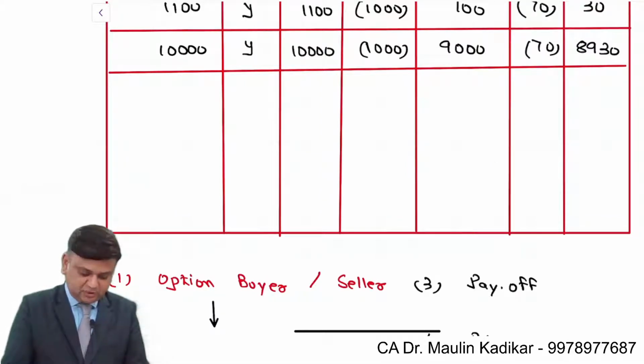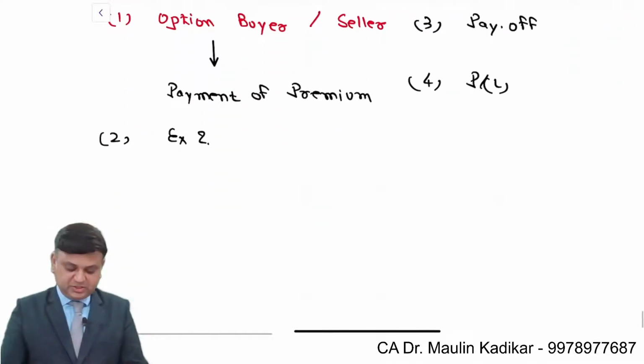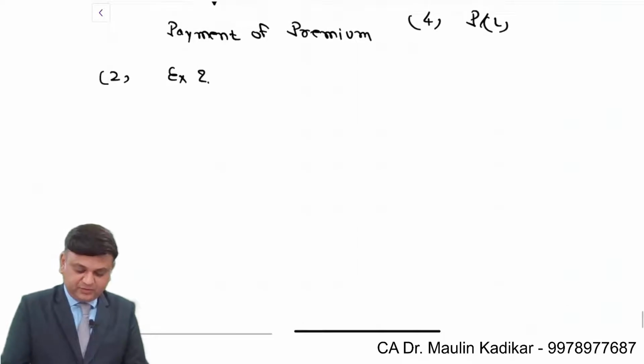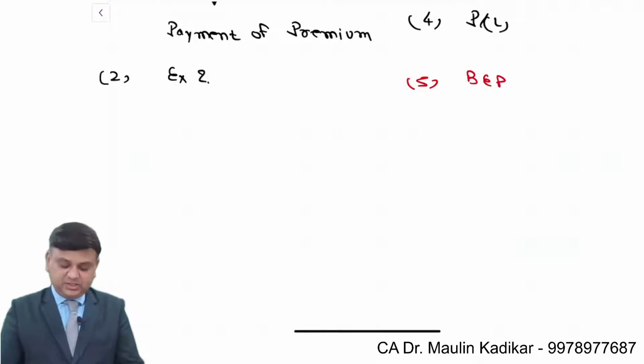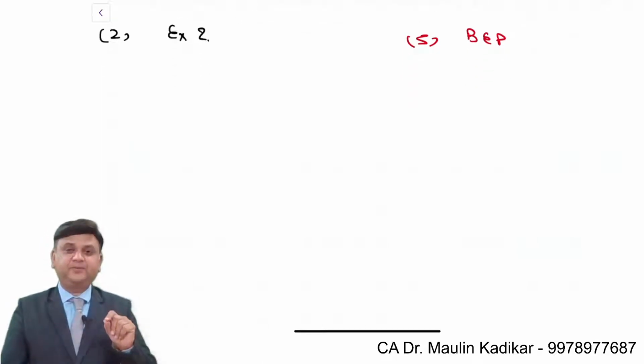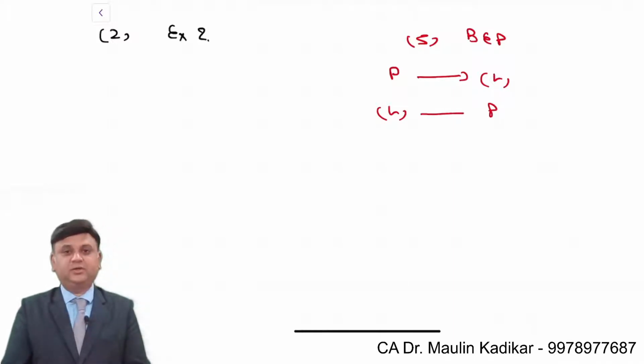Let us see how to calculate that. Everybody is requested to pay attention. And the fifth point is break-even point. Now, break-even point is no profit, no loss. So what you have to do logically, friends, is see when we have a situation of profit that is converted to loss, or a situation of loss that is converted to profit.